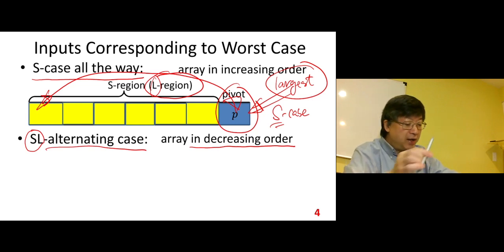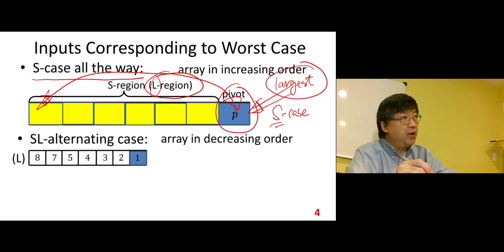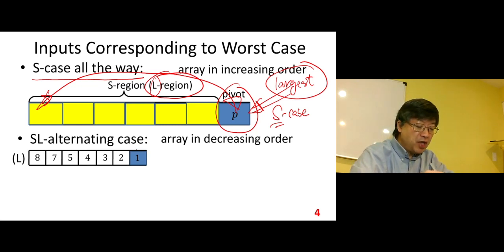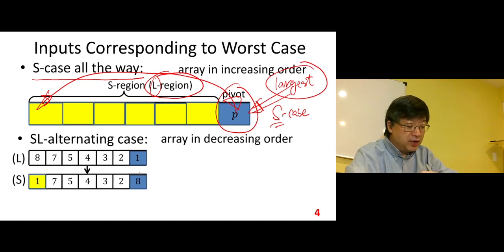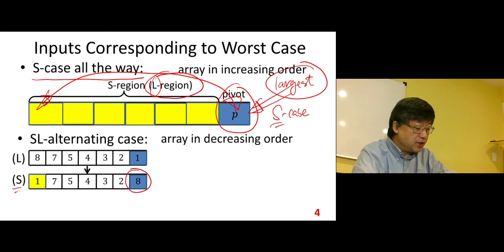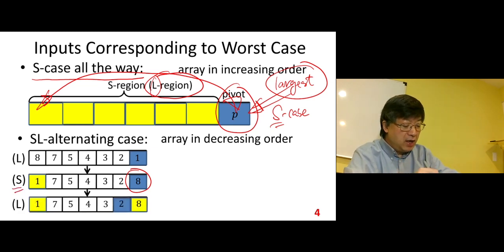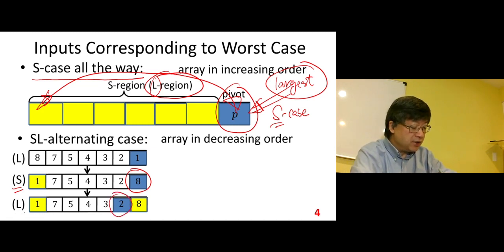To see that, let me use a simple example. This example, array in descending order. The first time, the smallest element as the pivot, so we have an L case. Then after one swap, the largest element becomes the pivot. So we have an S case. Then the smallest element as the pivot, we have an L case.